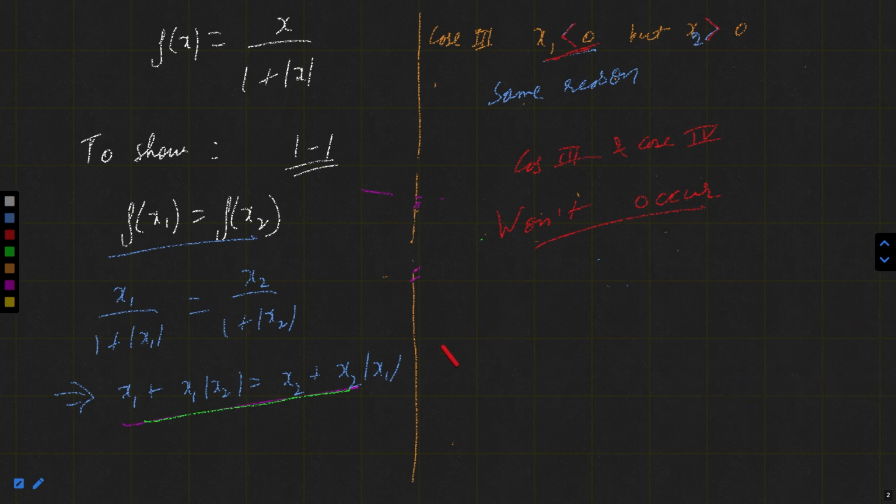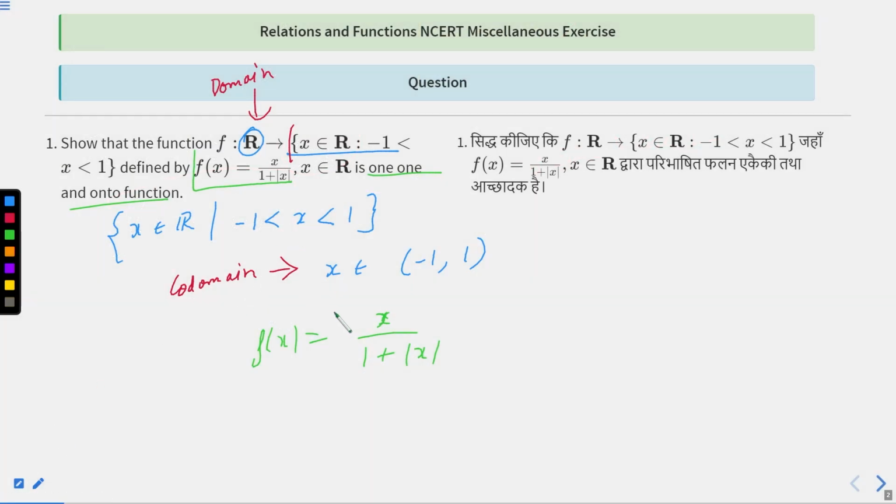So we proved that if this happens, then x1 is equal to x2. From this I conclude that my function is one-one. It is crystal clear. Now let's prove that it is onto also.